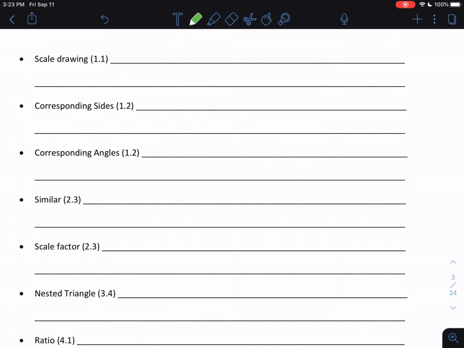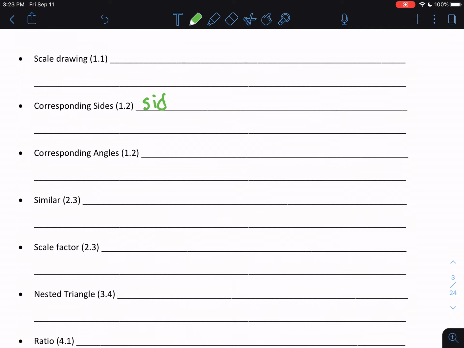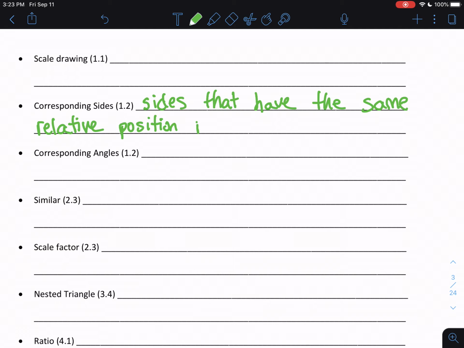So corresponding sides are sides that have the same relative position in similar figures.